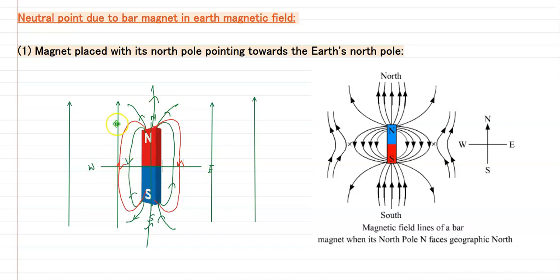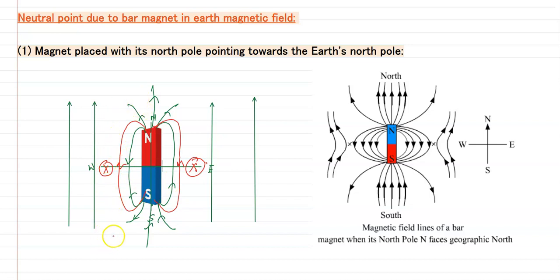So in this region the magnetic field due to the bar magnet and the magnetic field due to Earth are in opposite directions, and there we may get some point where the net magnetic field will be 0. These points are called neutral points.